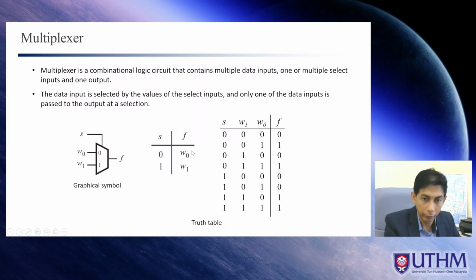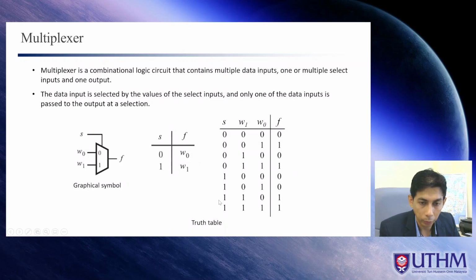Right, so that is the behavior, and we can derive the truth table for this behavior like this, where we have two inputs and one select input. So in total, we have three inputs S, W1, W0, and we have one output F. And we can see that if S equals 0, F is equal to W0: 0, 0, 1, 1, 0, 0, 1, 1, see?